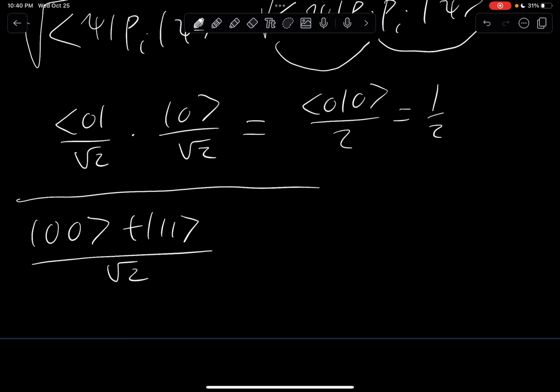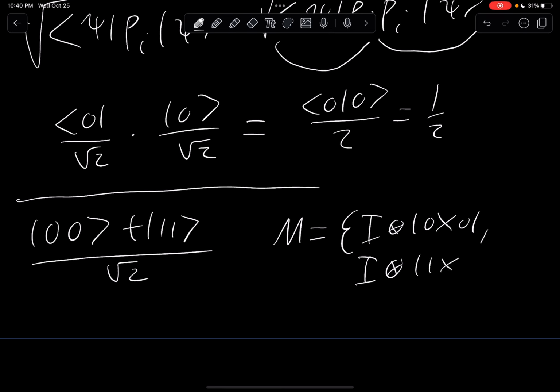And we're going to apply the following operator, or following measurement: identity tensor |0⟩⟨0|, and identity tensor |1⟩⟨1|.